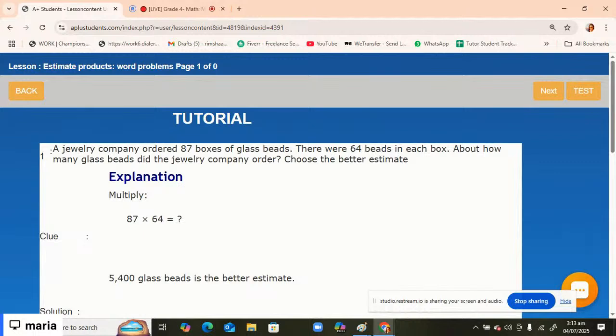Okay, we are just going to round and then we see our answer. But here they are not saying to round or anything. If they are not saying that, what we do is just simple multiplication. 87 times 64. So choose the better estimate. First we round the numbers, then multiply.